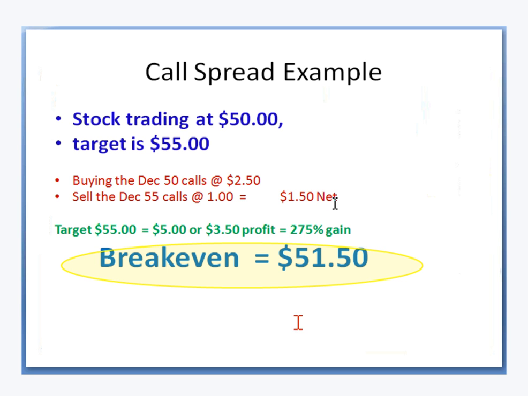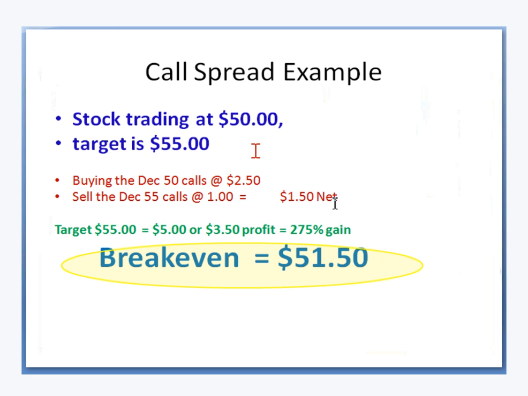Now, when we teach this, we'll be showing strategies where, let's say we're expecting a $5 profit on expiration day, and the stock is trading at 55 or higher.